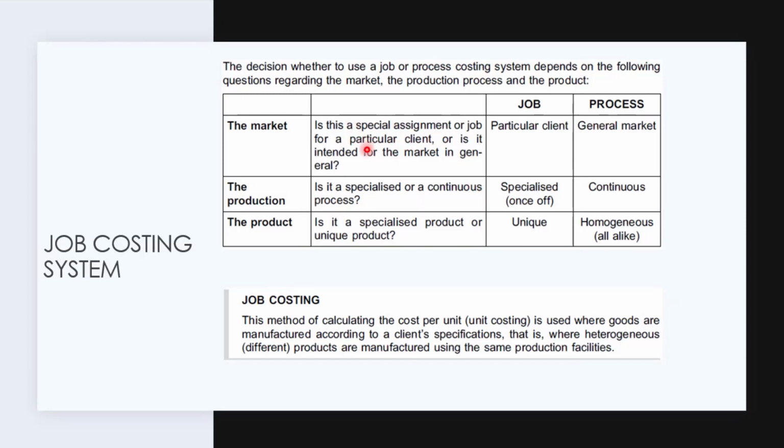Remember, particular client, special assignment. And it will be a once off because it's only for that wedding. And then they make that dress, then you're happy. So for that tailor, they would know that this is once off and it's specialized to this particular client. And that would be job costing.